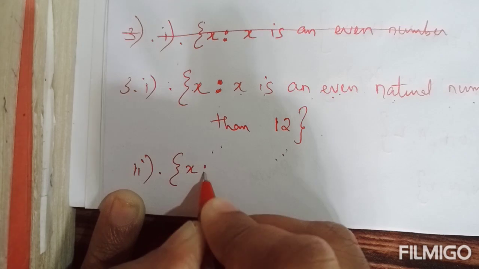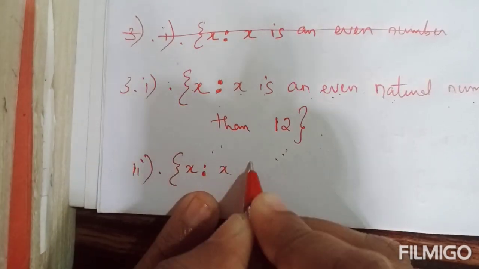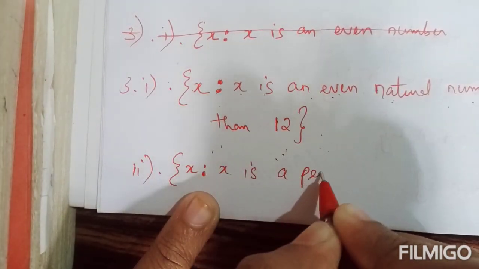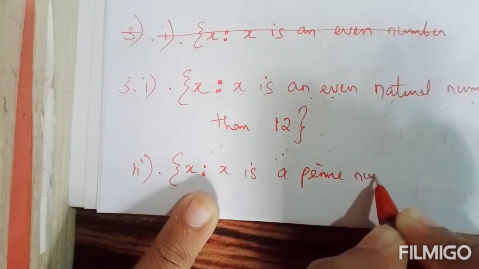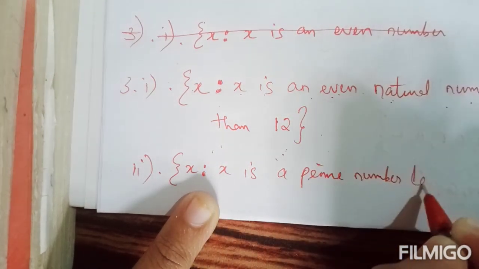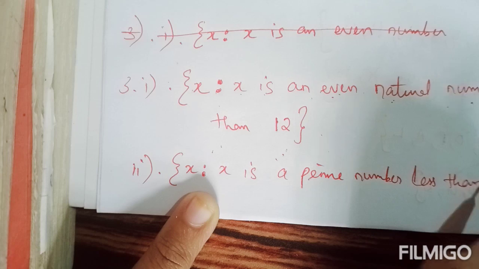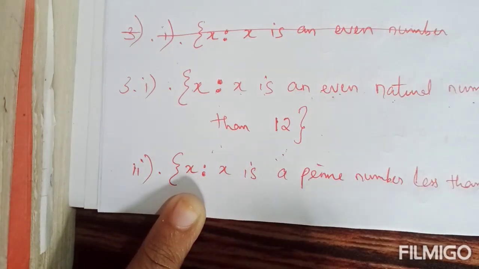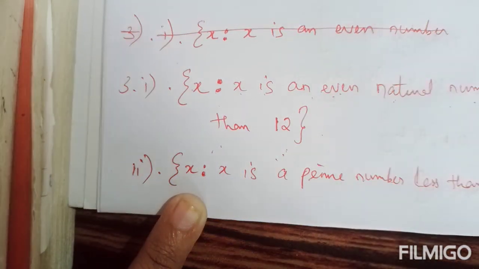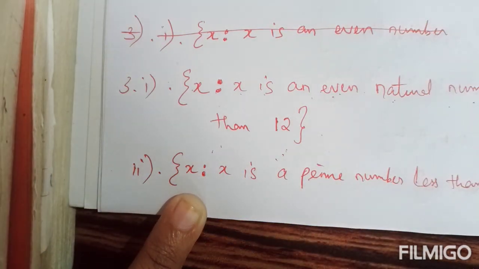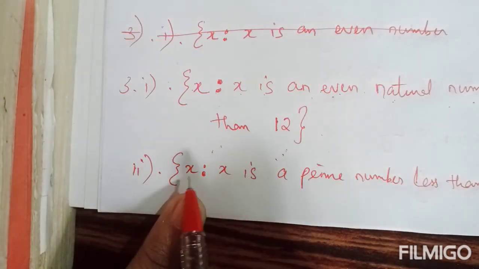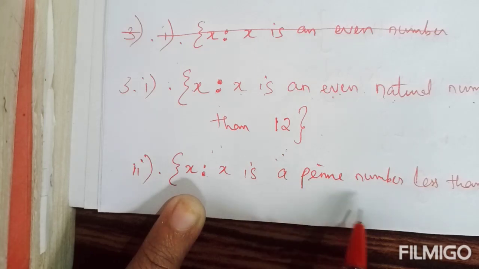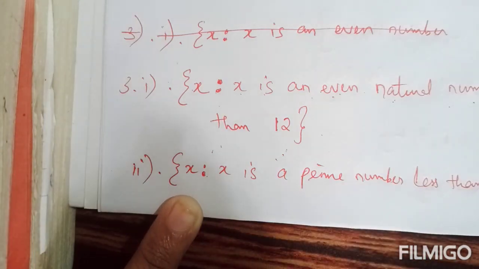Set of all x such that x is a prime number less than which number? Less than 12 you can write. Okay, the greater number in that set is 11. So you can choose the next number, 12. Set of all x such that x is a prime number less than 12. Okay.